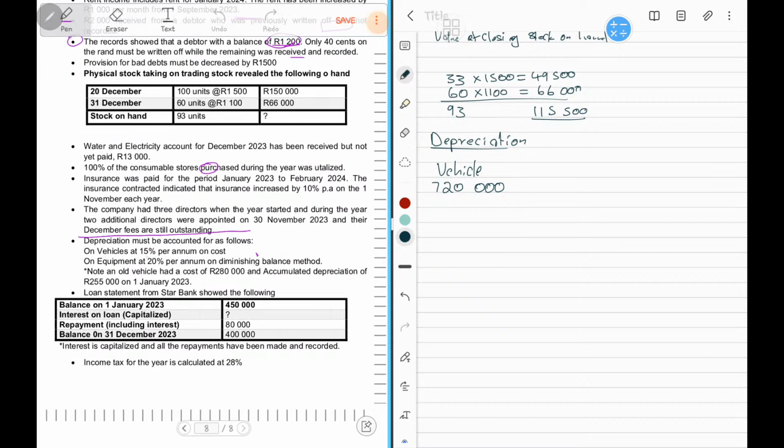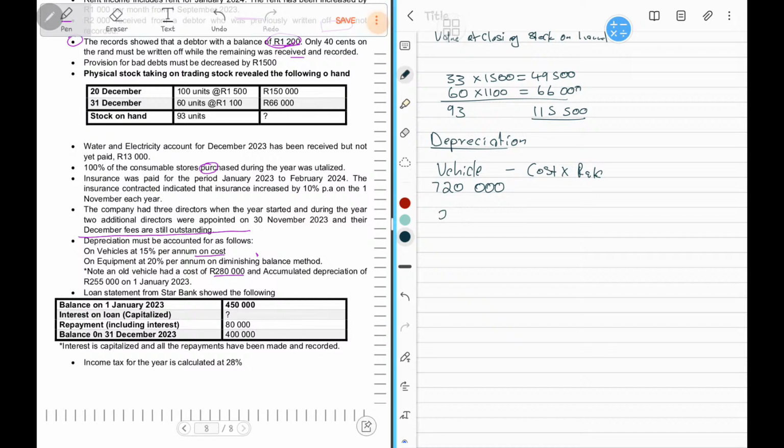On vehicle, it's 15% per annum on the cost. So the formula will be the cost multiplied by the rate. Simple. Then we are also being told that an old vehicle had a cost price of 280,000 and the accumulated depreciation was 255,000 on the 1st of January 2023. So let's start by calculating the depreciation of that particular old vehicle.